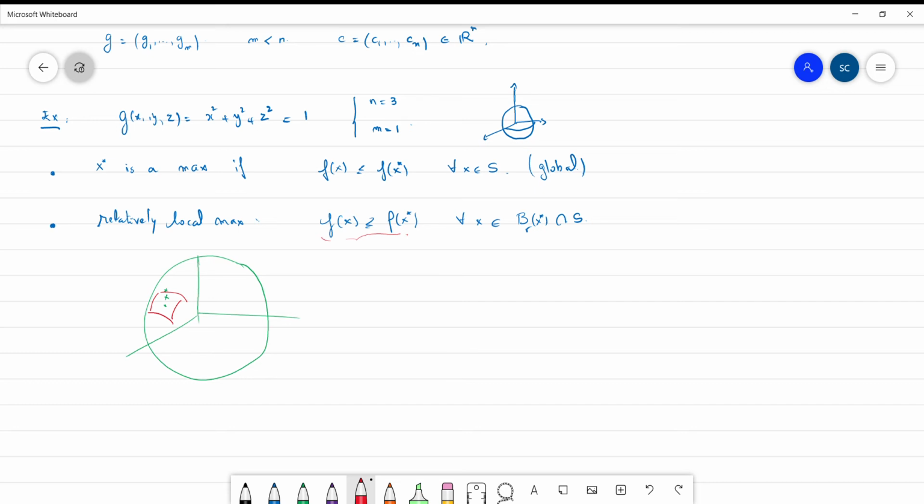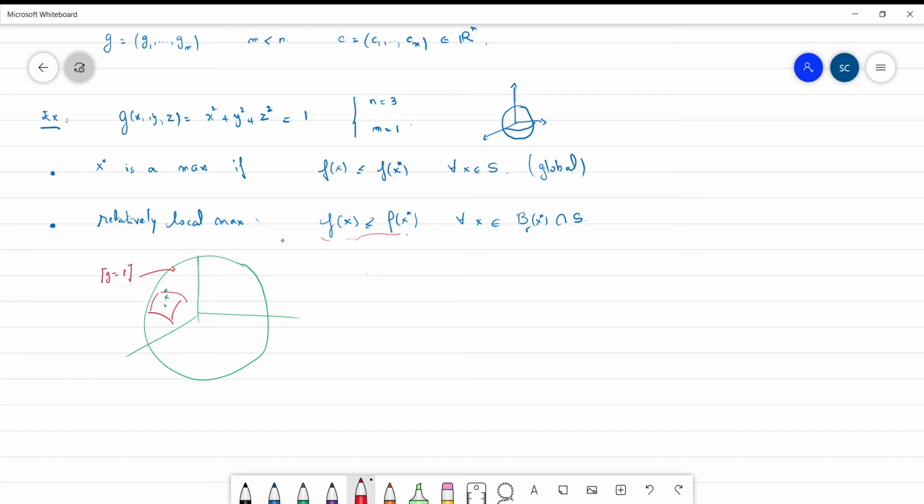When we were working with a set S with non-empty interior, we were able to compare locally on a filled ball. So we were able to move along. Here, this is part of the set G equals a constant equal 1.